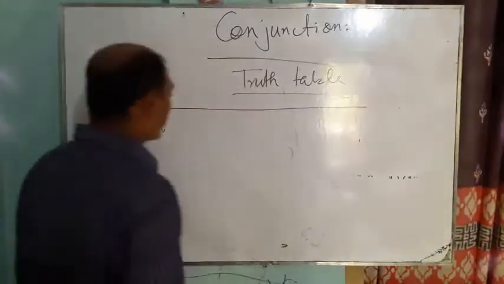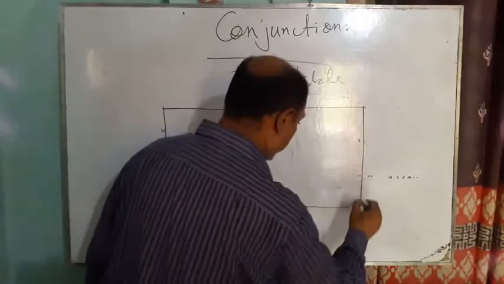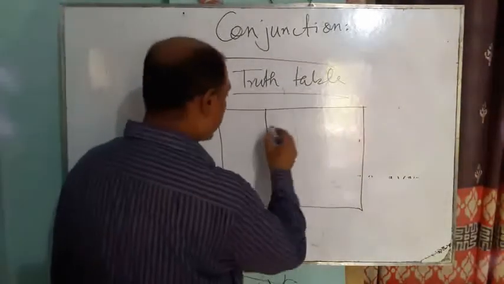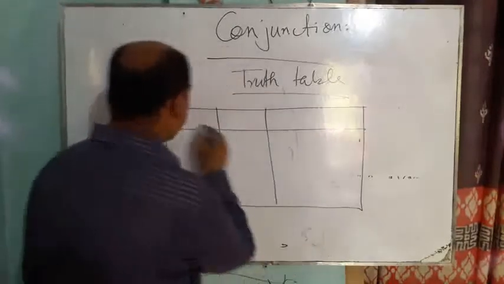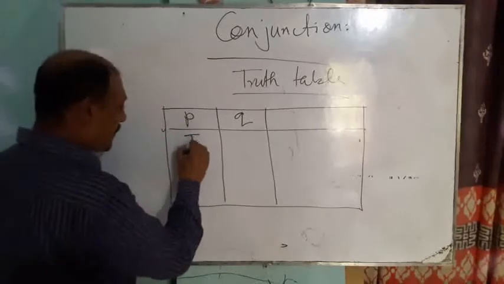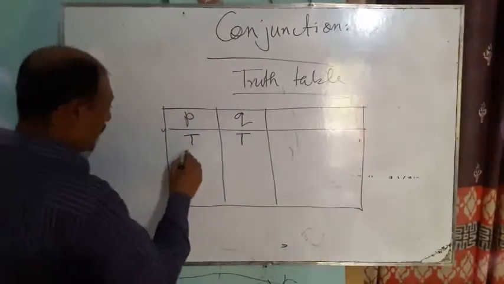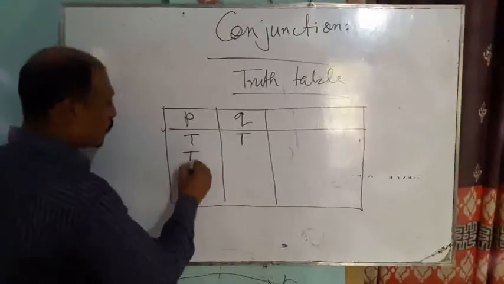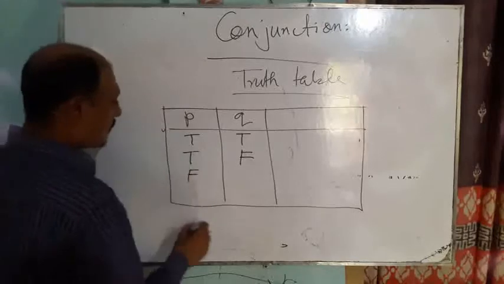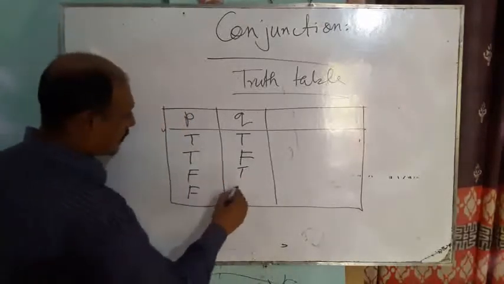Let P and Q be propositions: P is true and Q is true; P is true, Q is false; P is false, Q is true; P is false, Q is false.